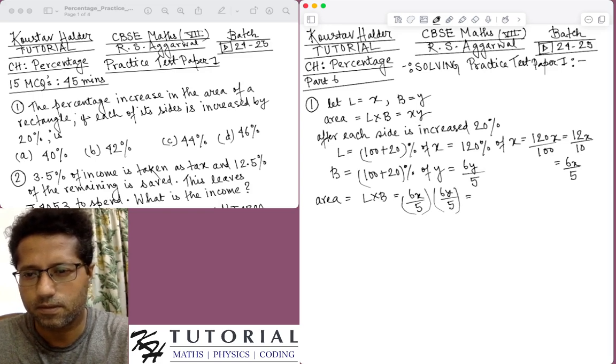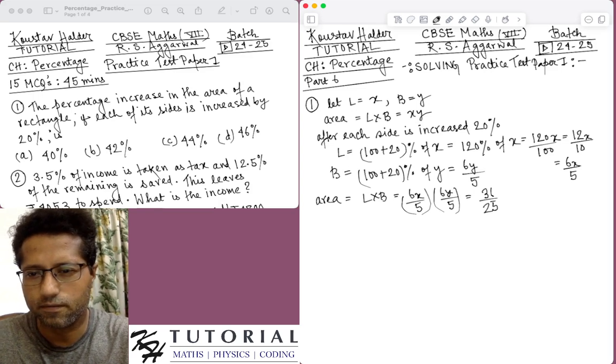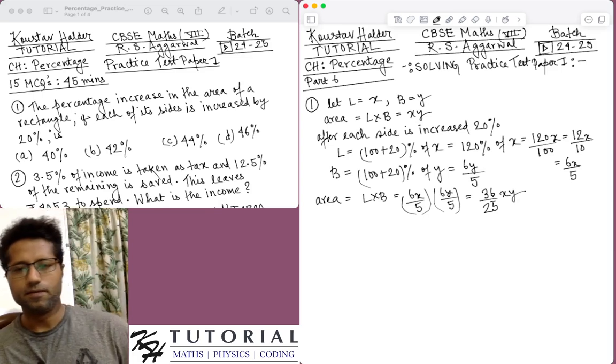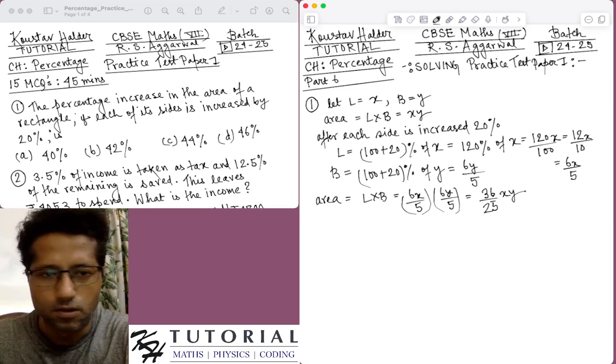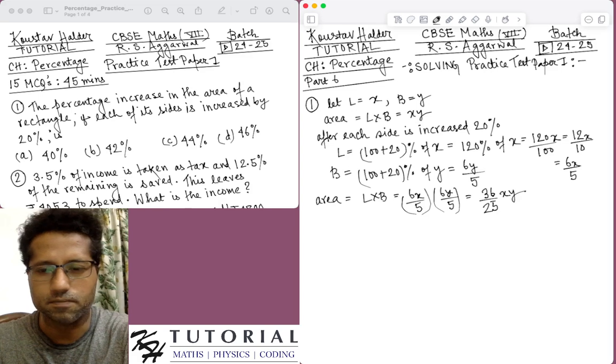This is 36 by 25 xy. So definitely the area has increased, because 36 by 25 xy is more than xy. It has asked for the percentage increase.